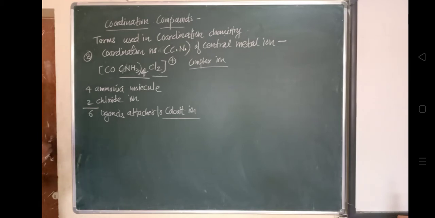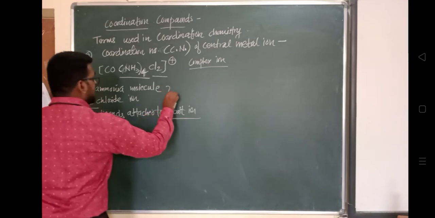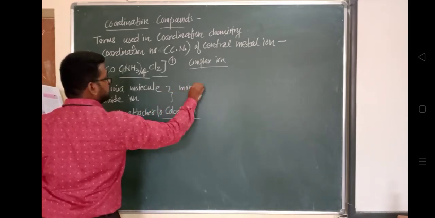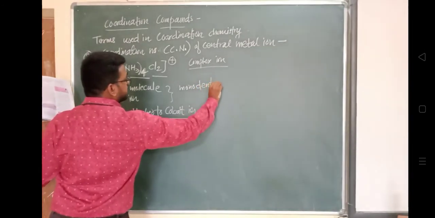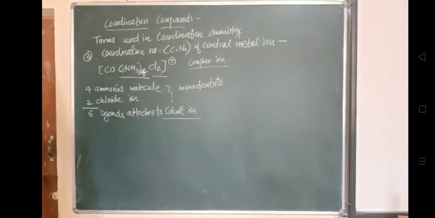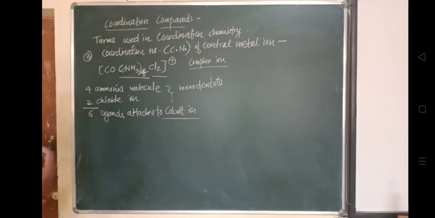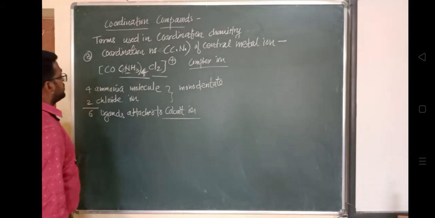There are 6 donor atoms in the complex. How many donors? Here there are 4 donors, since nitrogen is the donor and there are 4 nitrogen atoms. And here there are 2 chlorine donors. So a total of 6 donor atoms are present in these ligands.